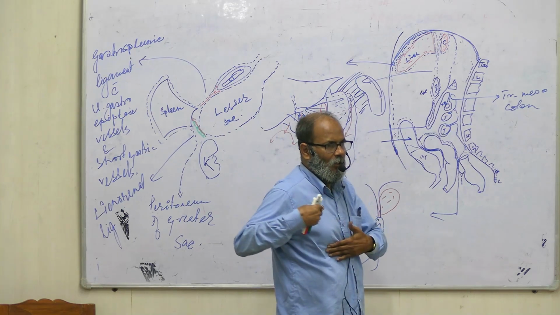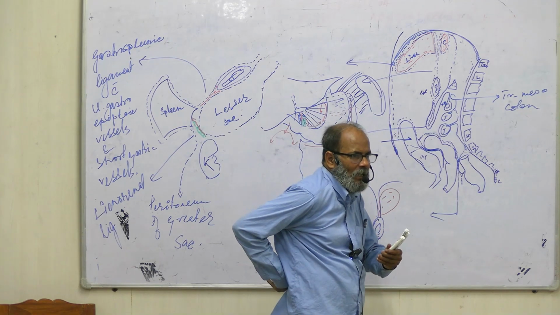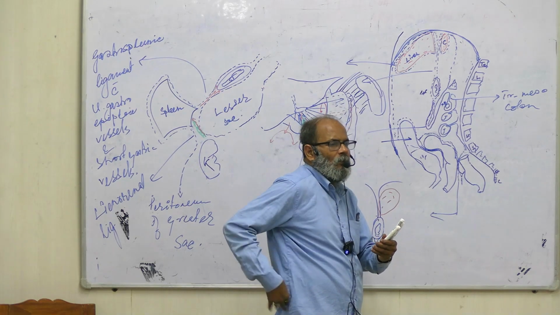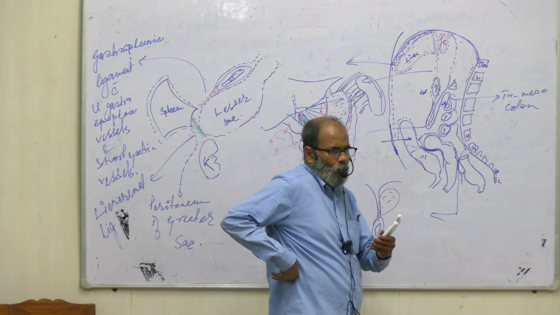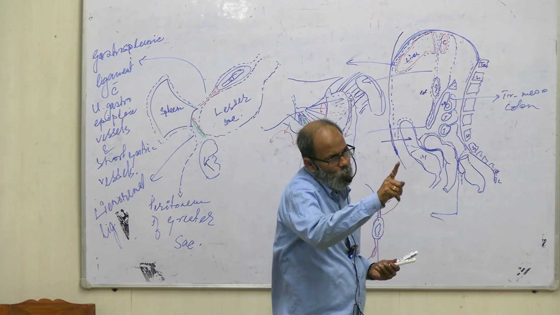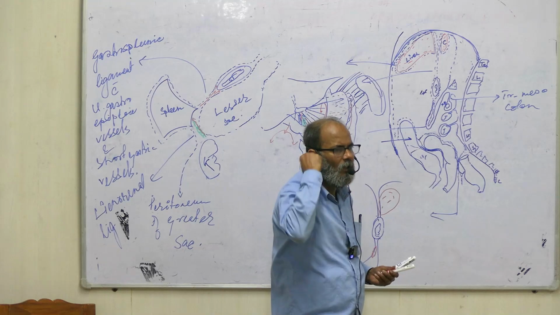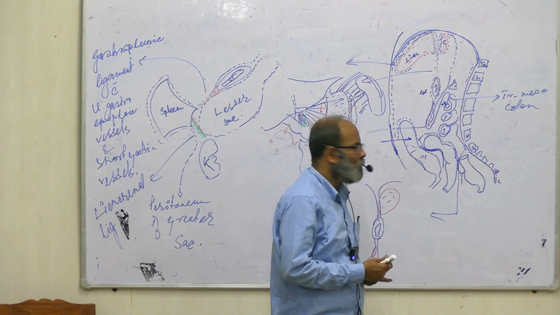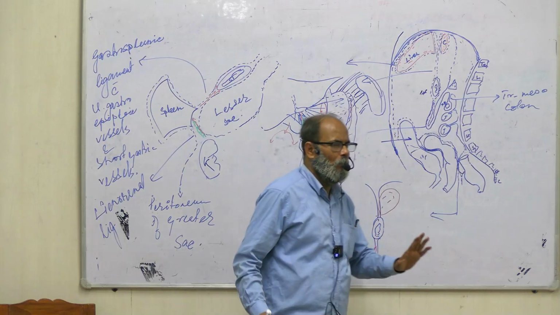This is liver. Behind and a little below, there is the kidney. The peritoneum coming from the ascending colon and entering this space is called the hepatorenal pouch of Morison. I will do a horizontal section of these diagrams later on, in the dissection class. Just imagine and you will be able to understand.